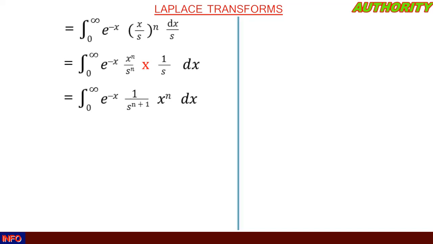There is no variable x on it. Now we take it behind the integral sign. So we are going to have 1 all over s raised to the power of n plus 1, the integral from 0 to infinity x raised to the power of n multiplied by e raised to the power of minus x dx. Do you get this? Yes. So this is where we are now.